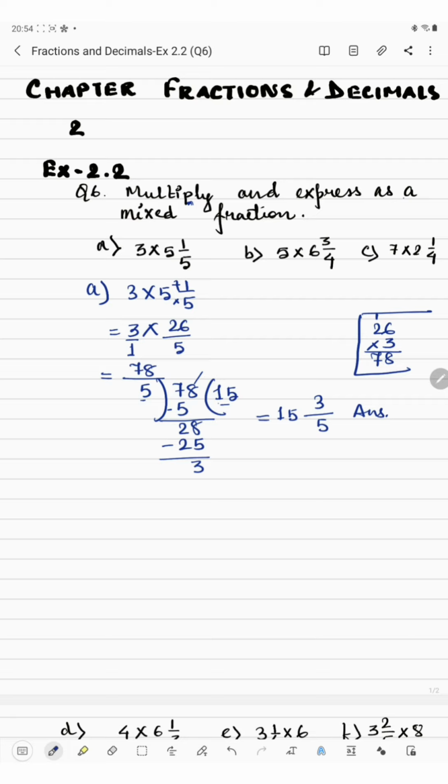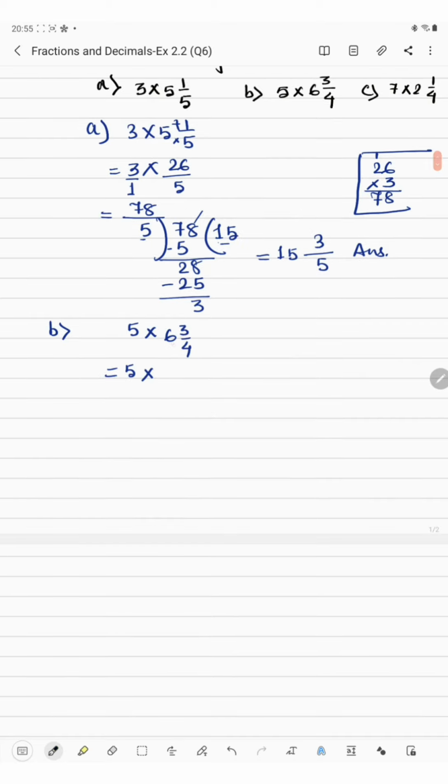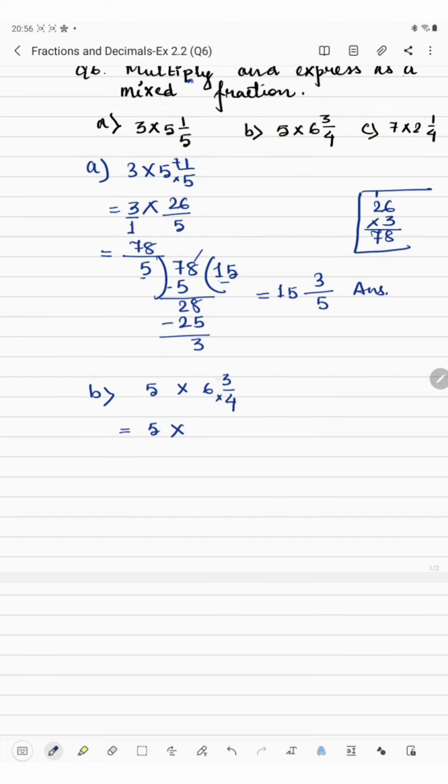Okay. Now in part B we have 5 into 6 3 by 4. Here again a mixed fraction is given, so we will have to convert it into improper. So 6 into 4: this into this plus this, if you want to convert it into an improper fraction. So 6 into 4 is 24, 24 plus 3 is 27, and the denominator will remain the same, so it will be divided by 4.